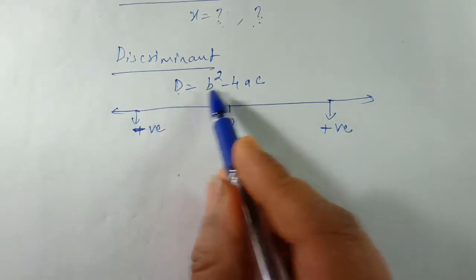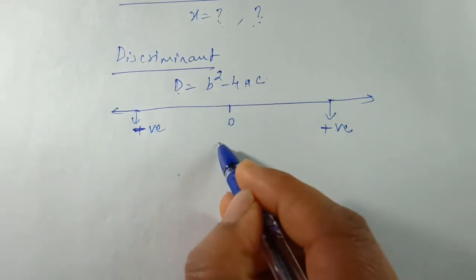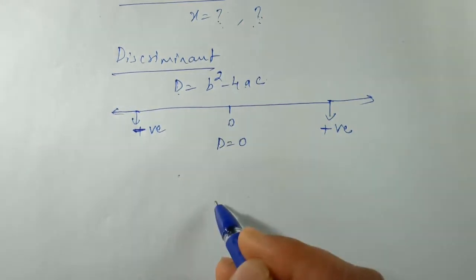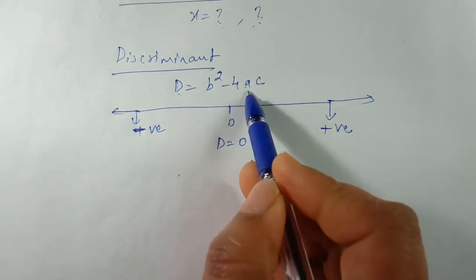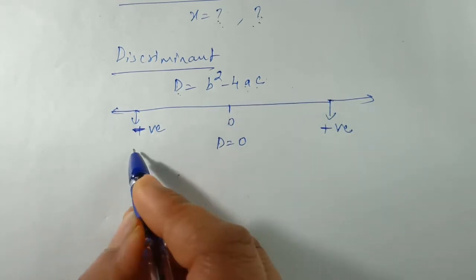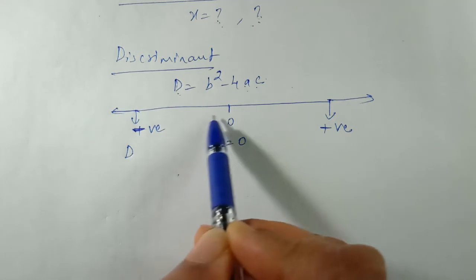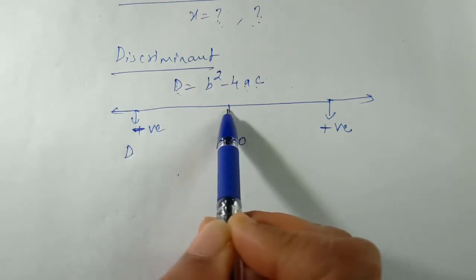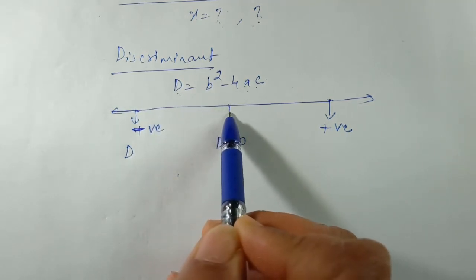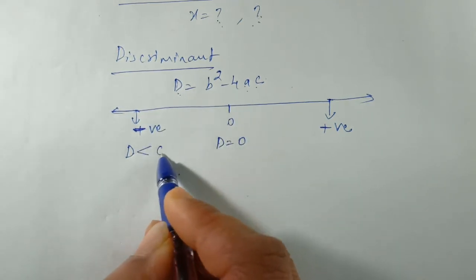When we find the value of D, it may be that we get D equal to 0, or we get a number with a negative sign, so D is less than 0.